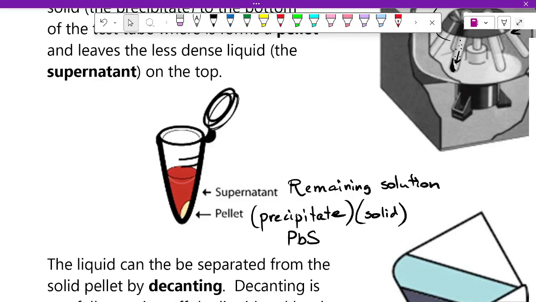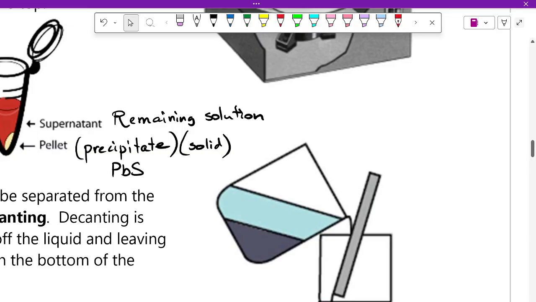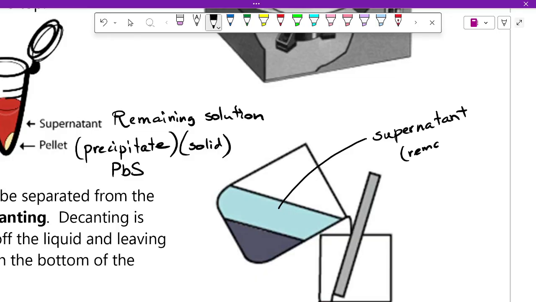Yes, they use centrifugation for the blood. And now you would need the liquid to be by itself. So what you would do is you would take your liquid and you would pour it off. This is our remaining liquid, our supernatant, the remaining liquid, which may or may not contain calcium.